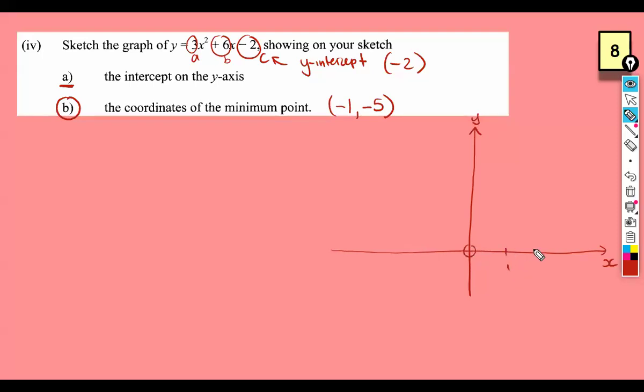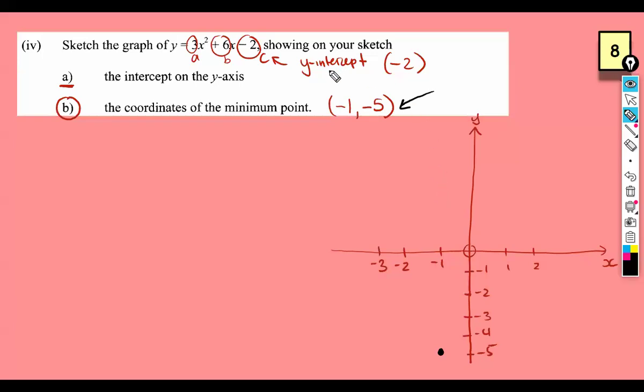Let's mark 1, 2, and -1, -2, -3, -4, and -5. Remember, the minimum point was -1, -5. -1 on the x, and you're going down to -5. That's the minimum point there.